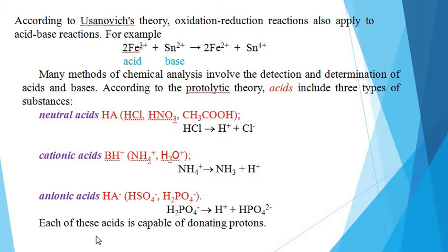And ionic acids with a general formula HA negative, there is hydrogen sulfate, dihydrogen phosphate ions. For example, the decomposition of dihydrogen phosphate ions forms hydrogen proton and hydrogen phosphate anion. Each of these acids is capable of donating a proton.